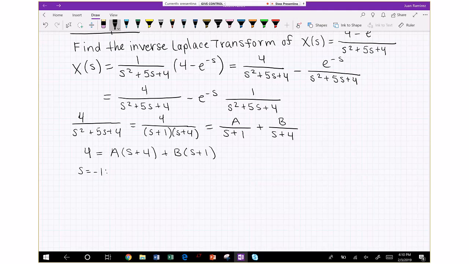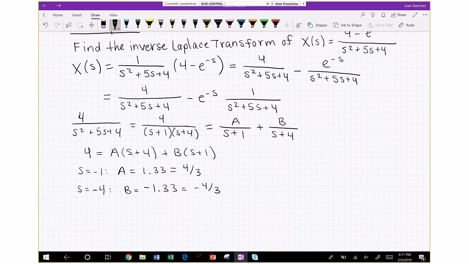When you plug that in, you should end up with a equal to 1.33, which is equal to 4 over 3. When you plug in the other 0, which is negative 4, you should end up with b equal to negative 1.33, or negative 4 over 3.